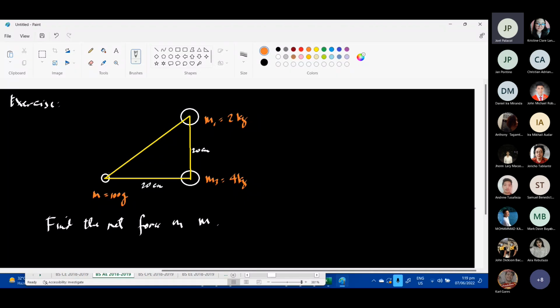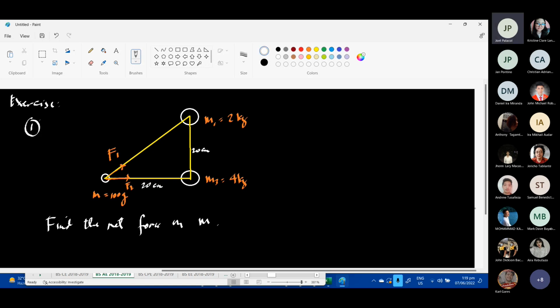Between M and M1, always attraction, ano? And direction. So you can call it as F1. Between M and M3, attraction din yan. So F2. So you simply get the resultant vector of F1 and F2. Okay? So that is problem 1.